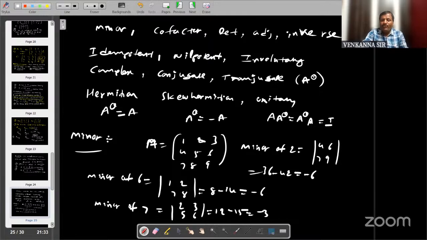Then coming to cofactor. What is the formula for the cofactor? Cofactor is equal to minus 1 to the power of i plus j into minor.